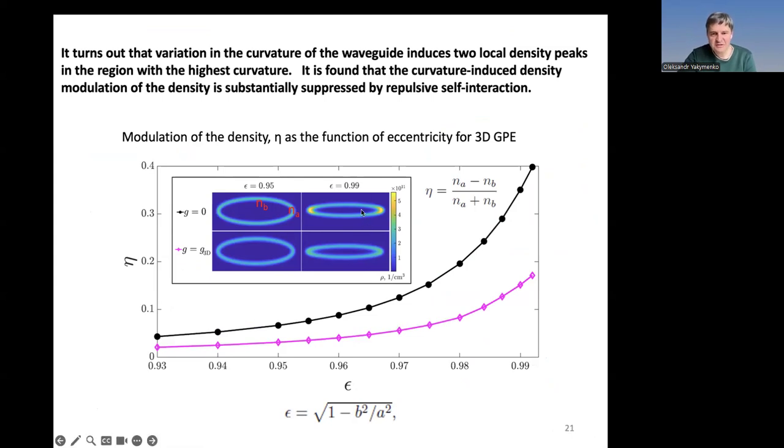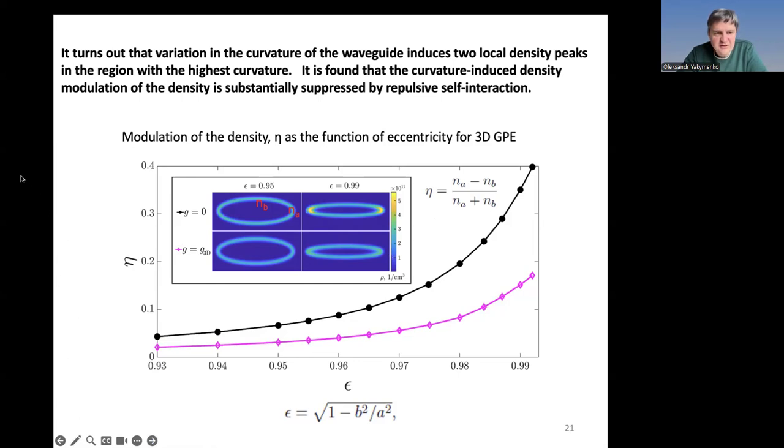And we did clearly see the formation of these density peaks like these. But what happens if you introduce some nonlinear interaction, as I explained to you? In this case, the nonlinear interaction is repulsive. In this case, these peaks are smoothed considerably.